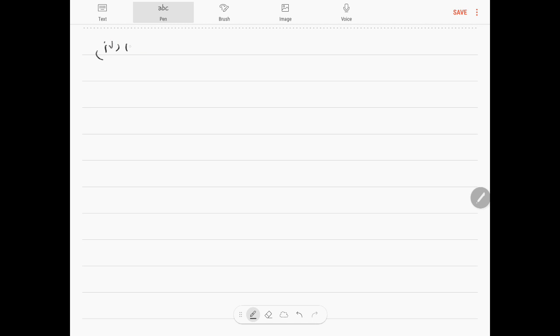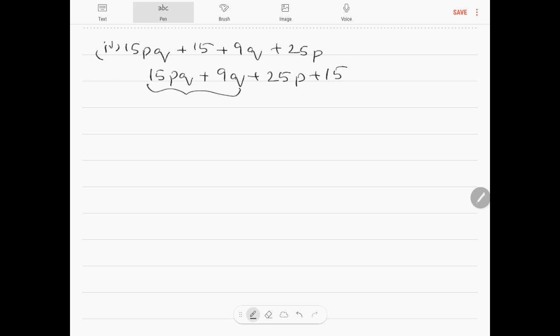Question number 4, 15pq plus 15 plus 9q plus 25p. Just rearranging the terms: 15pq plus 9q plus 25p plus 15. From these two terms, taking 3q in common, this will be 5p plus 3.